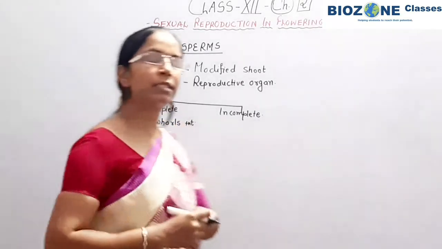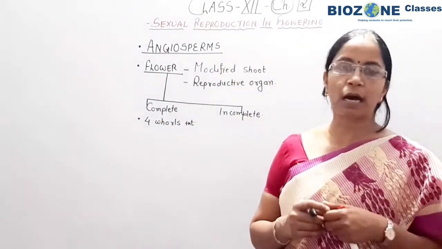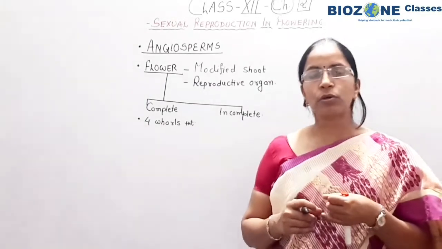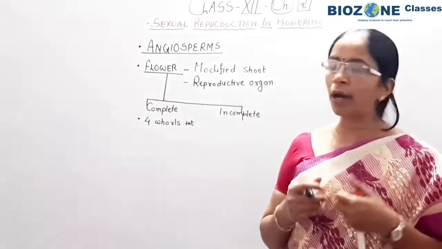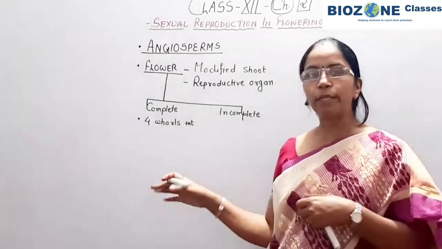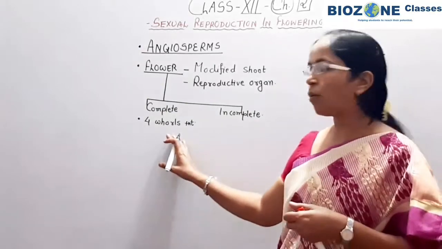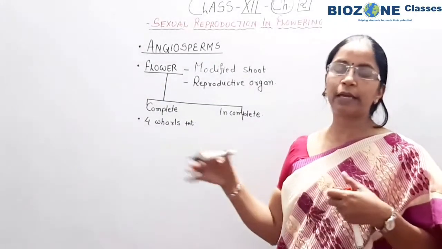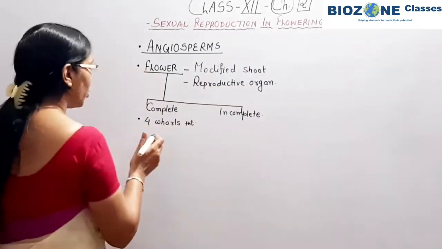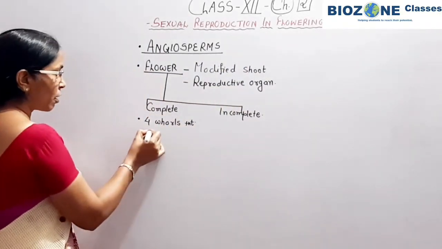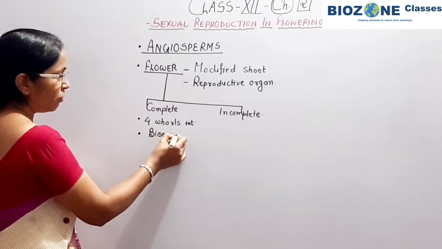The four whorls are calyx, corolla, androecium and gynoecium, that is, sepals, petals, androecium and gynoecium. When all four whorls are present, the flower is said to be complete. Remember, complete flowers are generally bisexual flowers.